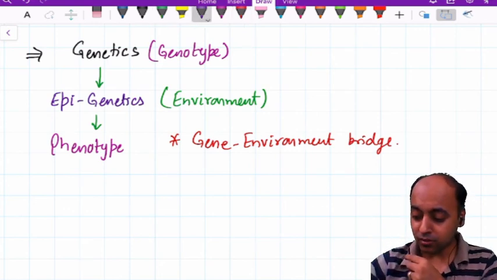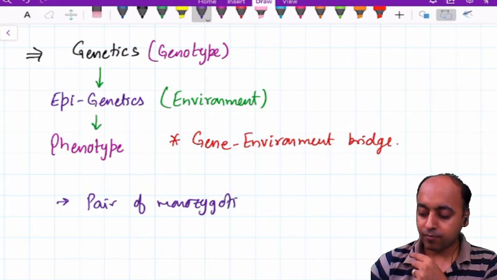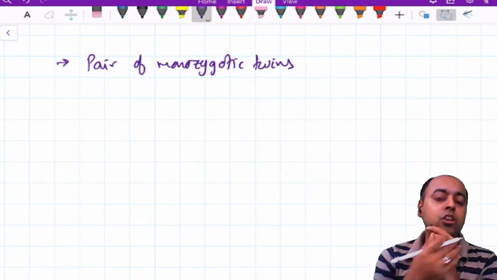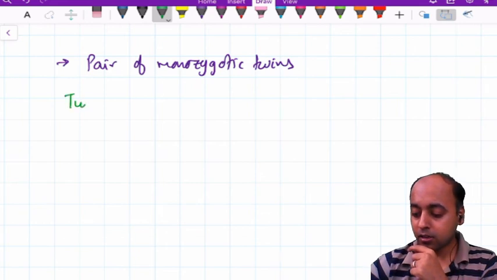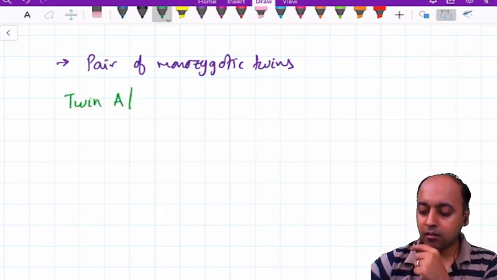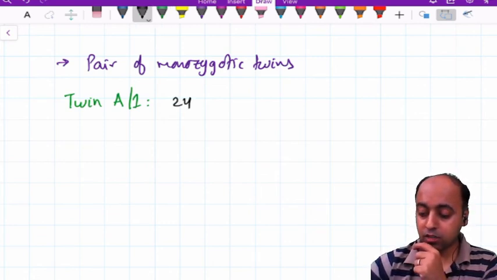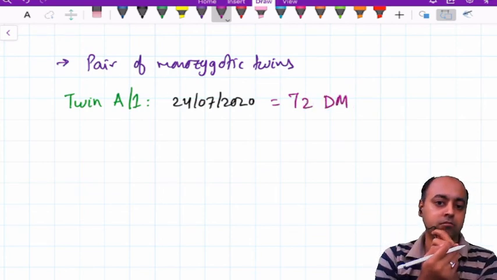Meaning, as per the polygenic theory of disease, if you have a pair of monozygotic twins, then twin A, on, let's say, 24/7/2020, has been diagnosed with type 2 diabetes mellitus, which is a polygenic non-communicable disease.